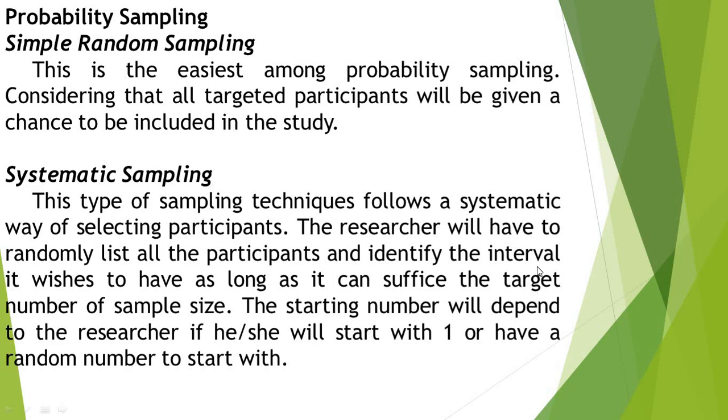For example, out of 100, you need 20 participants. You will start from 1, with the interval of 5. So 1, 5, 10, until such time that you reach your targeted number of respondents.